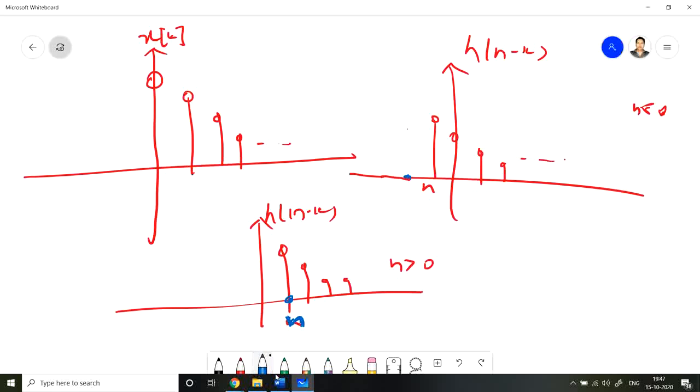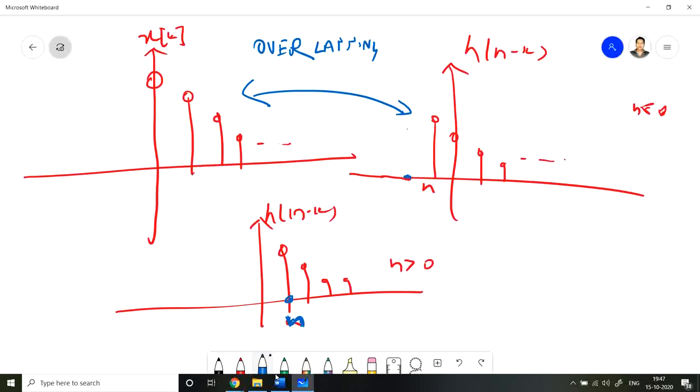Now we can easily say that if we see these two graphs, there is overlapping between these two when n is less than 0. So xk and hn minus k are overlapping for n less than 0, and xk and hn minus k are also overlapping for n greater than 0.